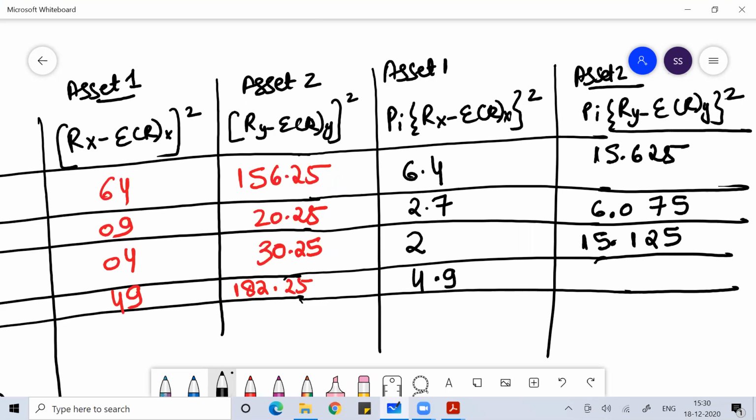And 182.25 into 0.1 is 18.225. Then 18.225 plus 15.125 plus 6.075 plus 15.625. The sum that you are getting is 55.05.